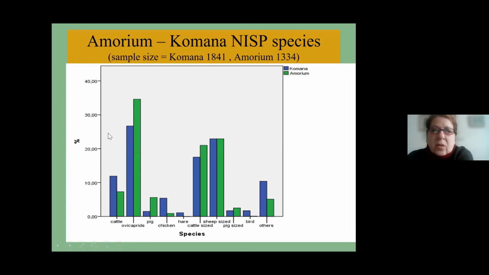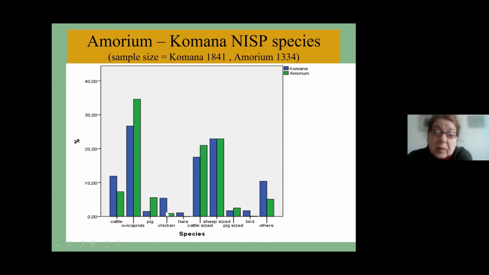So Komana and Amorium, I think more or less similar, with the exception that Komana clearly has much more cattle than Amorium, perhaps related to different environments, more lush, more water, more grasslands, probably in Komana, in contrast with Amorium that we saw was dry.